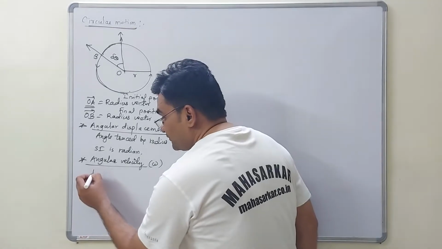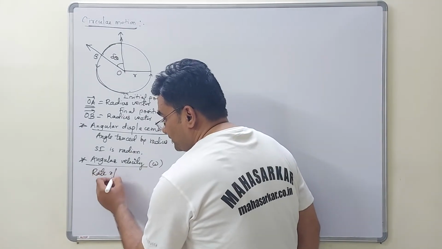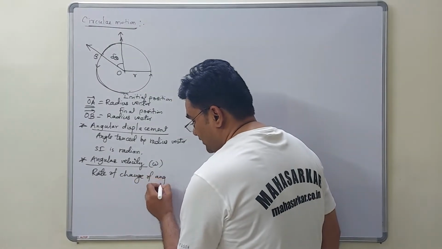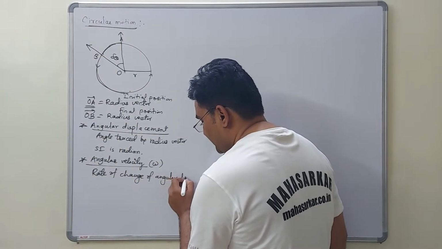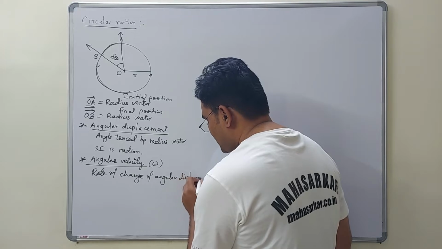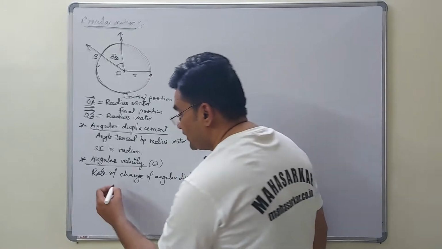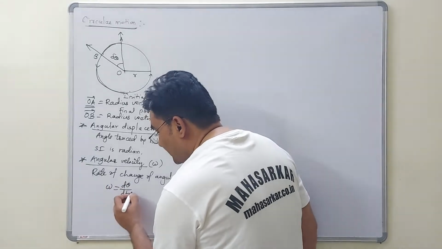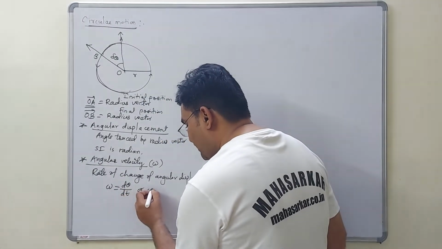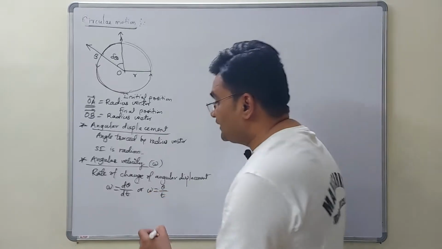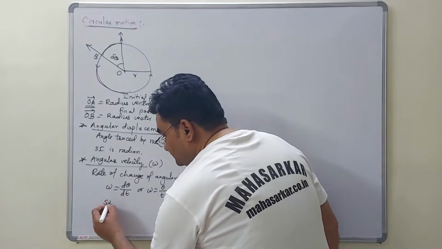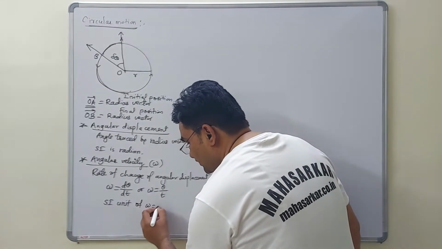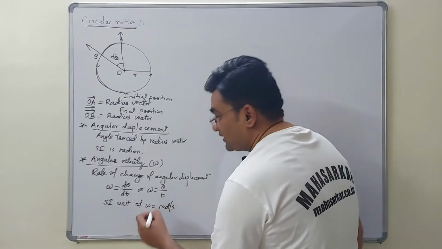So I would say the rate of change of angular displacement is called angular velocity, indicated by omega. It is given by d theta by dt, or in short omega equal to theta upon t. The SI unit of omega is radian per second.